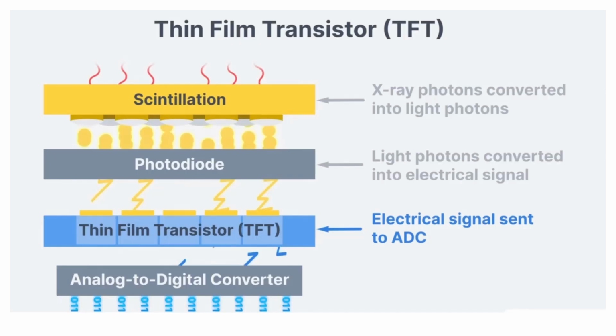Now we're going to talk about the thin film transistor. Same thing, it starts the same way. X-rays hit the scintillation layer. The X-ray photons are converted into light photons. These light photons go down to the photodiode. With indirect, this usually is made of amorphous silicon.